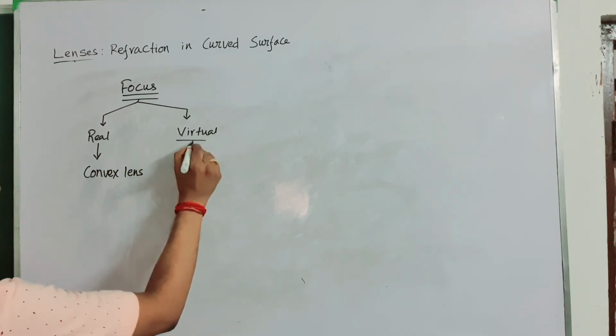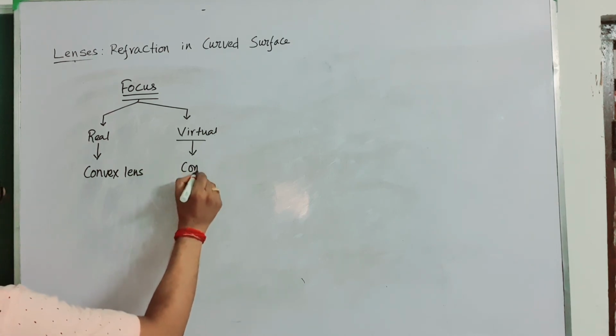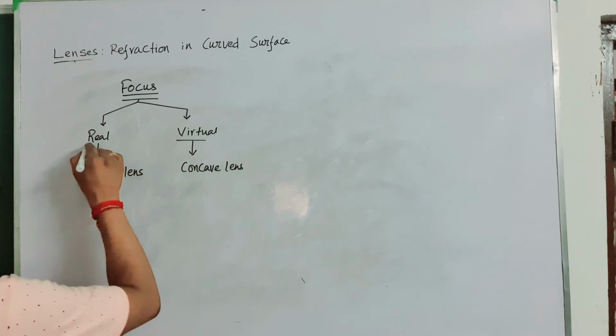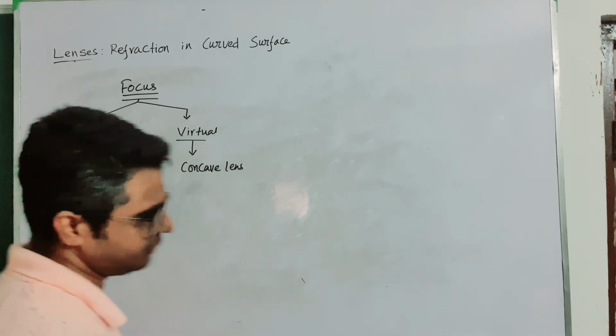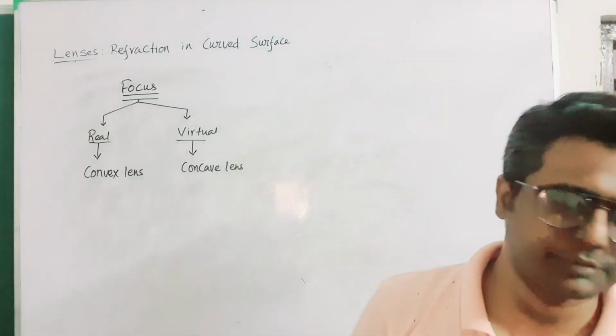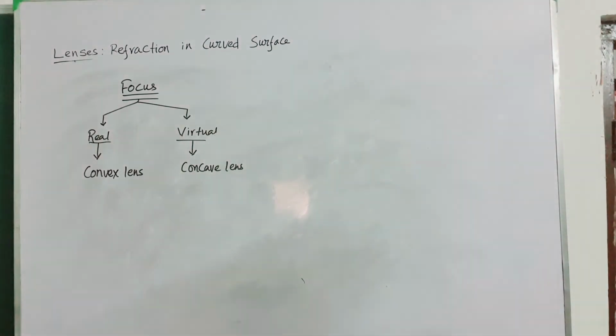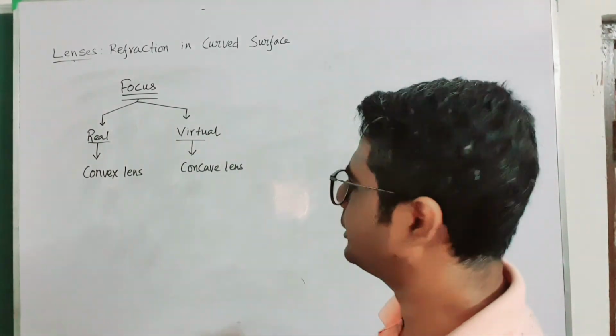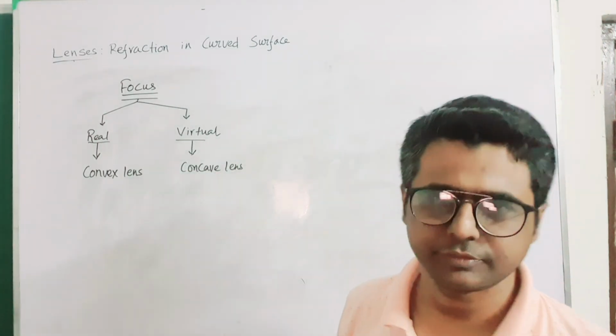Virtual focus is the case of concave lens. If the question is asked which has real focus, concave lens will have real focus. Okay? So this ends the first part of lenses. Okay? First part of lenses.